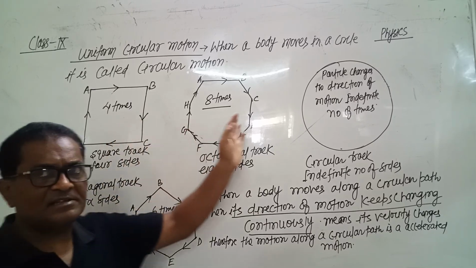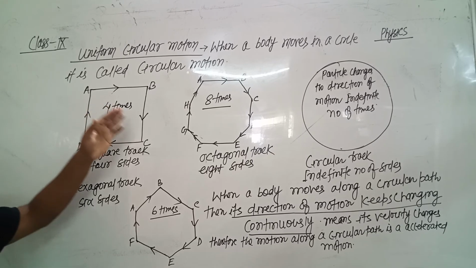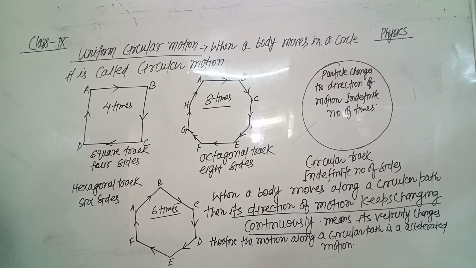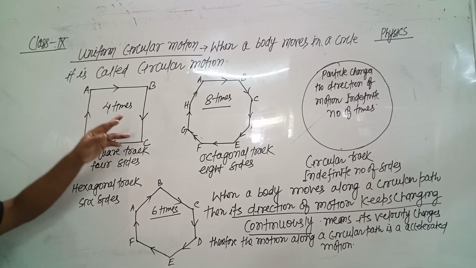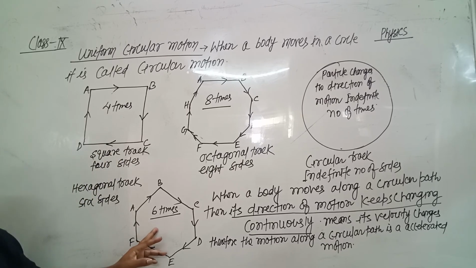So from all these examples, what conclusion do we get? If there is a square track having 4 sides, then the direction of motion changes 4 times. If the track is hexagonal, then the direction of motion of the particle changes 6 times.